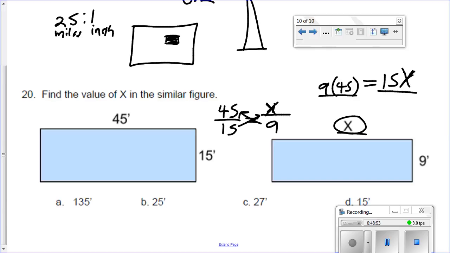The way we do that is we put it over 15, or we divide it by 15, which means we put 15 in the denominator of the fraction, which would divide out to 1 and leave x by itself. So whatever 9 times 45 is, you divide by 15, that's going to probably give you your answer.